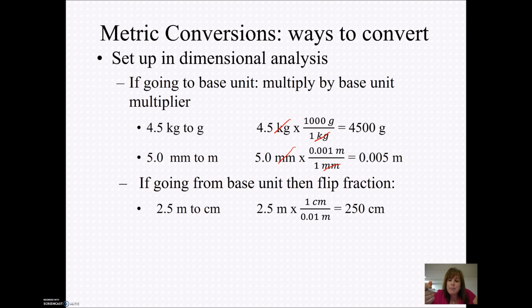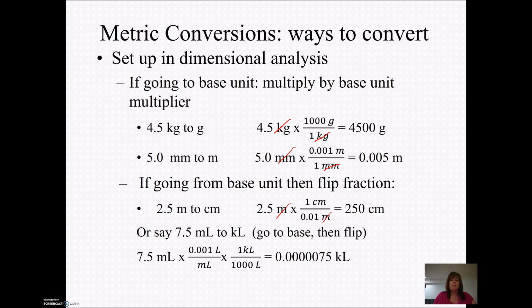So if I flip the fraction, now it's very important that the units are one's on top and one's on the bottom so they cancel. So that means I'm going to take 2.5 and I'm going to divide by 0.01 and that gives me 250 centimeters. Or I go to the number line and I go meter, decimeter, centimeter, move it over 2 to the right. It's probably easier.